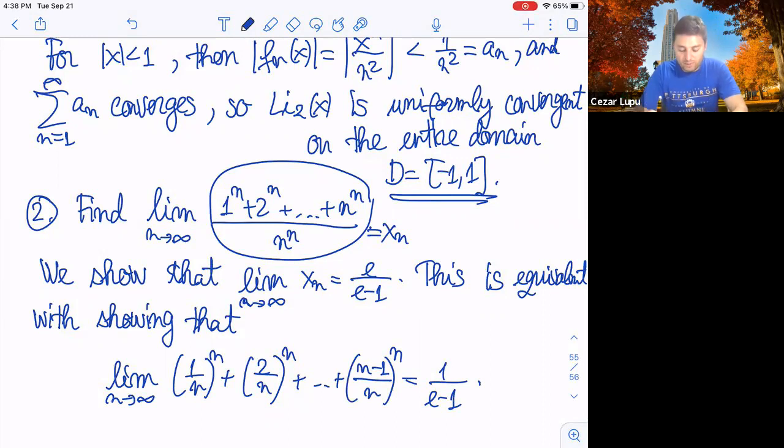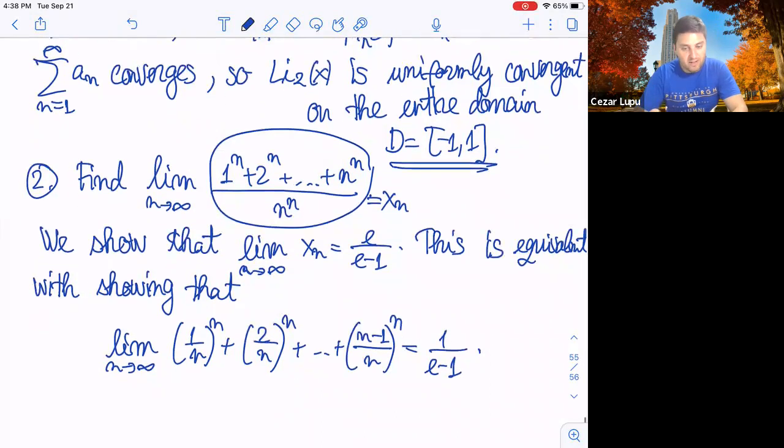And what I'm going to do is the following. I'm going to fixate k, and I'm going to consider a sequence of functions, but that sequence will be defined on the positive integers.